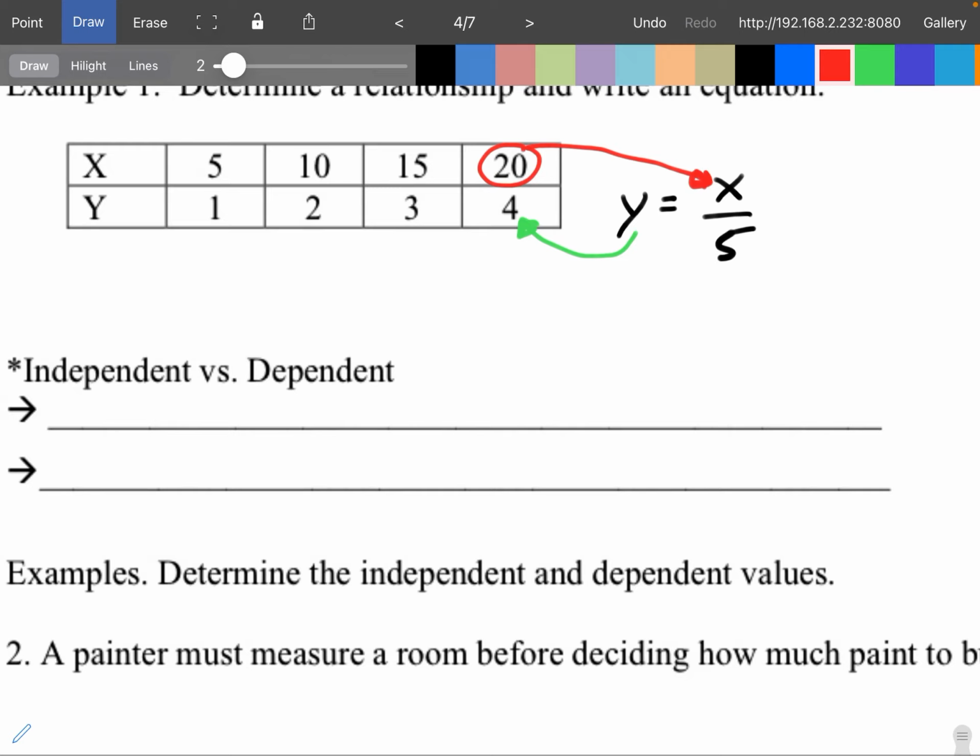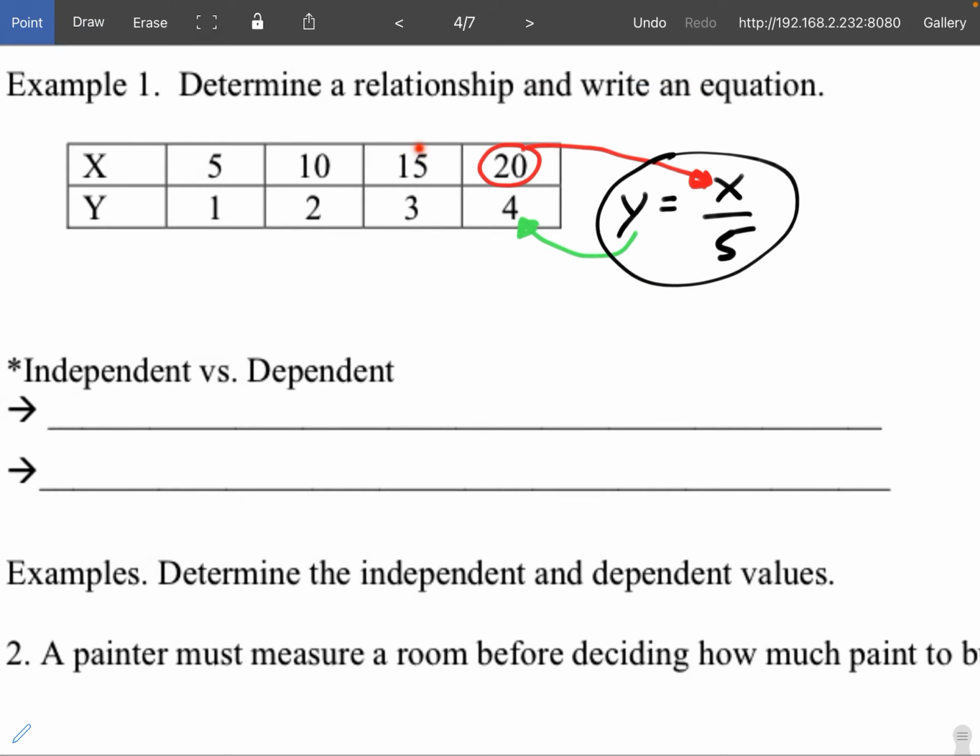Does that make sense? Well, then this thing right here is your function. All right?